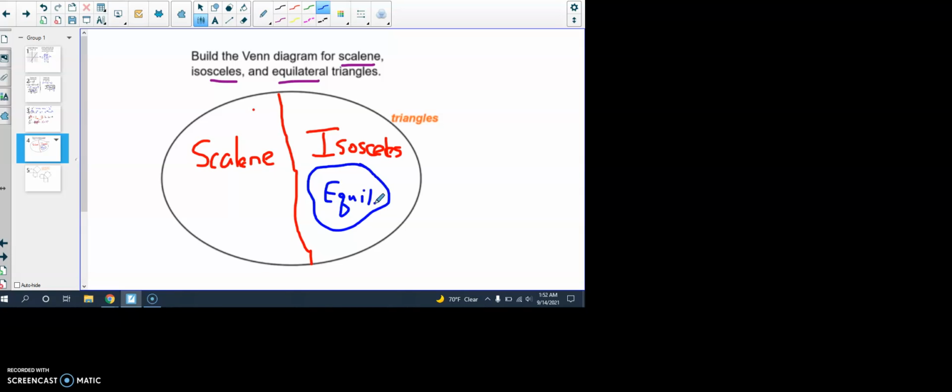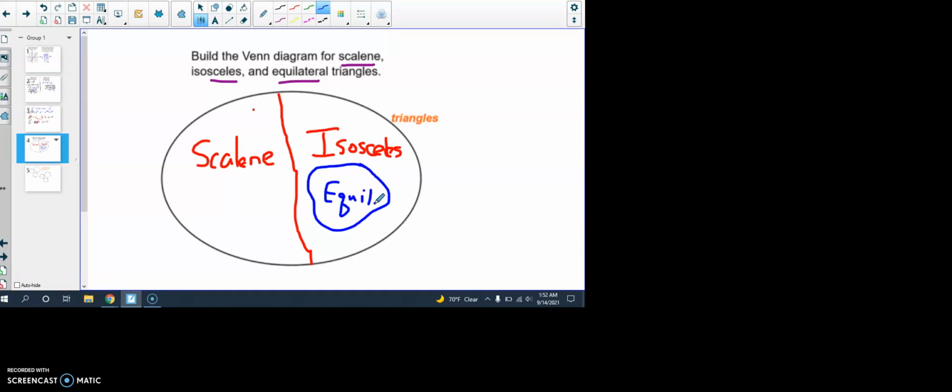And a square is also considered to be a special rhombus because all squares fit the definition of a rhombus, which is a parallelogram with 4 equal sides. Well, an equilateral triangle fits the definition of an isosceles triangle because it has at least 2 equal sides.